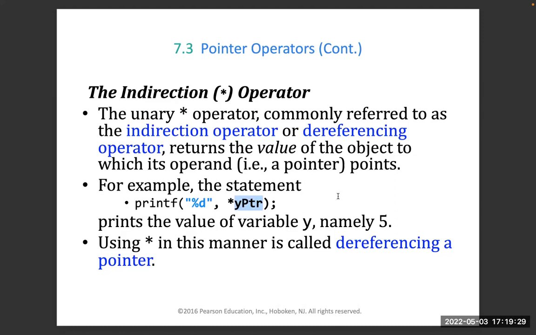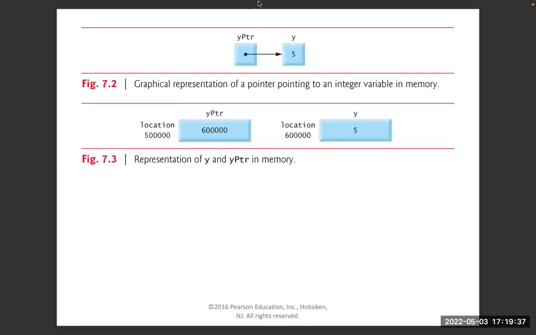the pointer points to. Okay, so for this one, printf %d star yPtr. Since yPtr is pointing to the variable y, and variable y has the value 5, star yPtr will get the value the pointer points to.